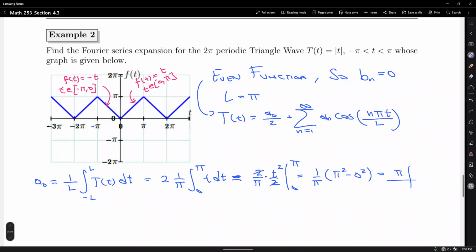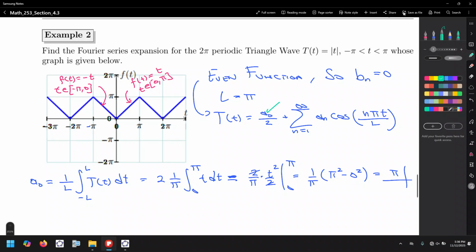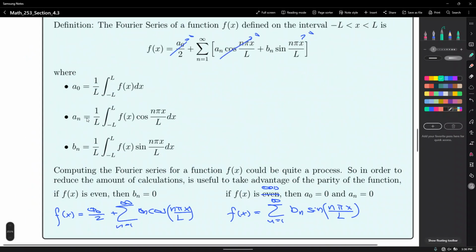What about the coefficient a sub n? So you might want to put a check on a sub 0. Now, what about a sub n? Okay, so here is where we need to look for the formulas. What's a sub n? Go back to page 3. A sub n equals 1 over L, integral from negative L to L of the function, in this case f of t, not f of x, cosine of n pi x over L, or t rather, with respect to t in our exercise. All right.